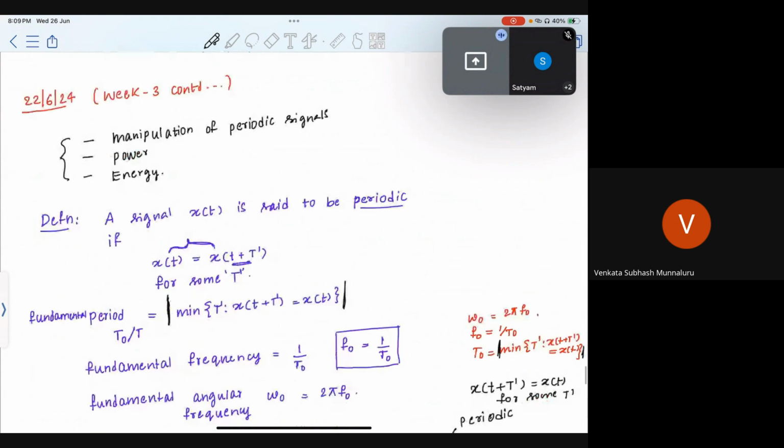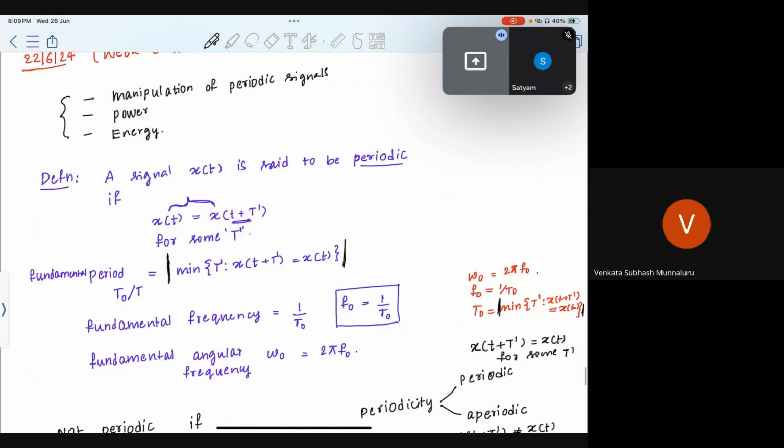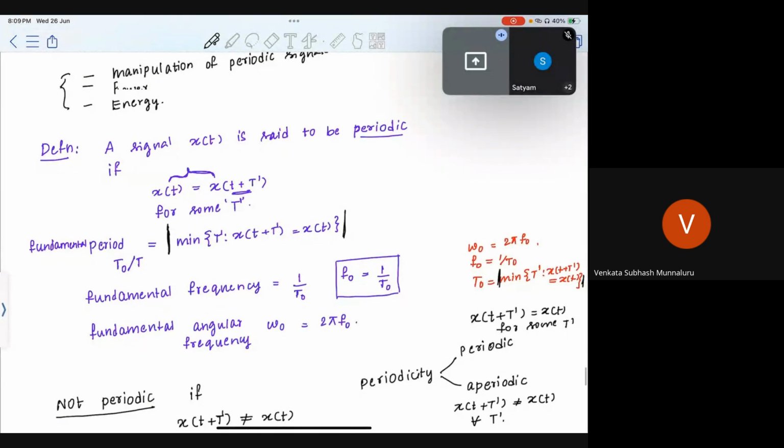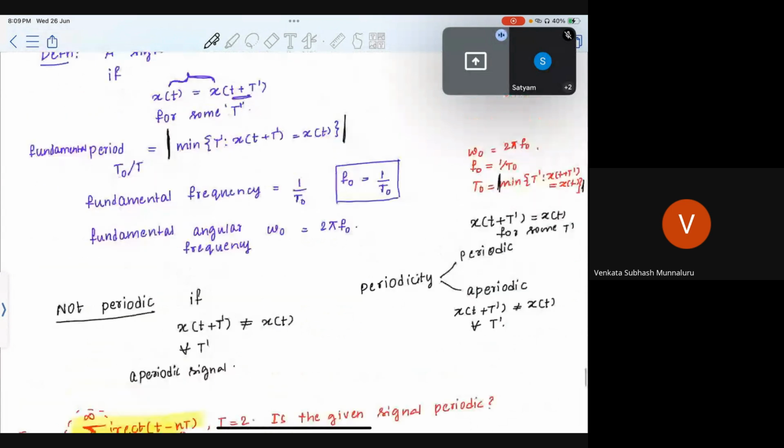The first thing we discussed in our last class was periodic signals. If you recollect the definition, we call a signal periodic if x of t is equal to x of t plus T prime for some T prime. For periodic signals we have three things: the fundamental period, fundamental frequency, and fundamental angular frequency.